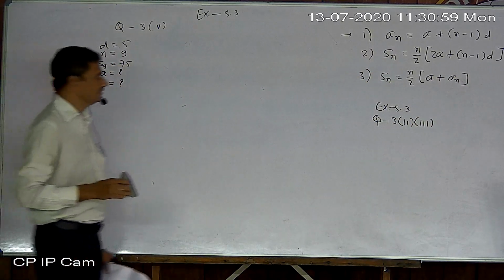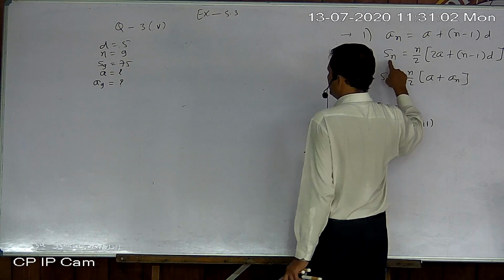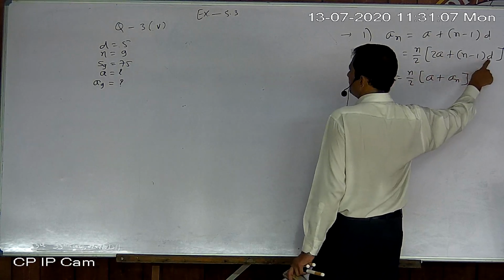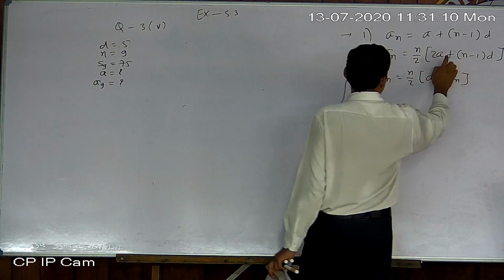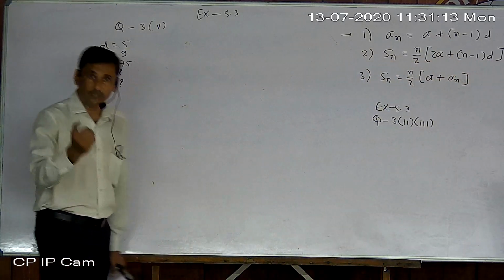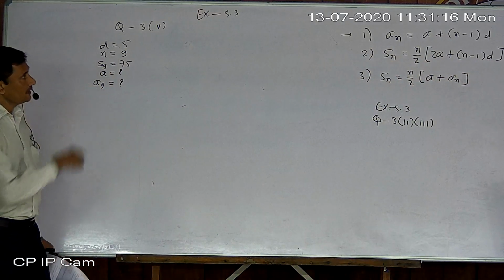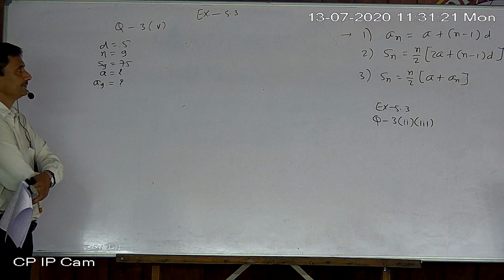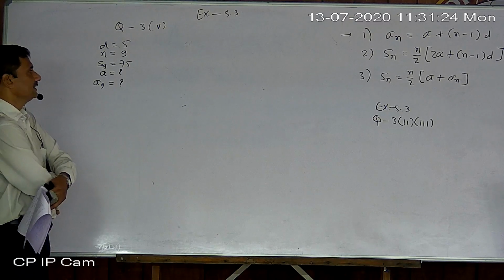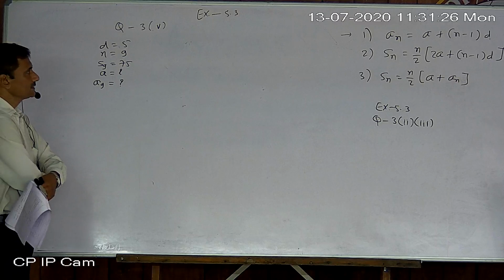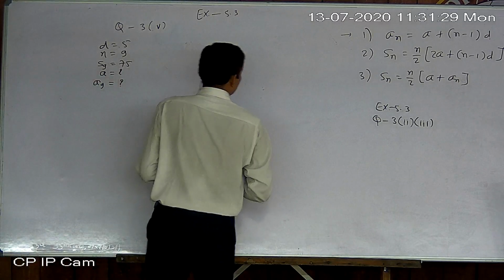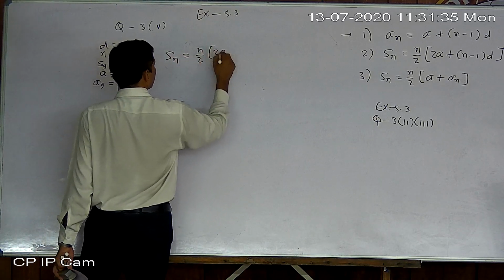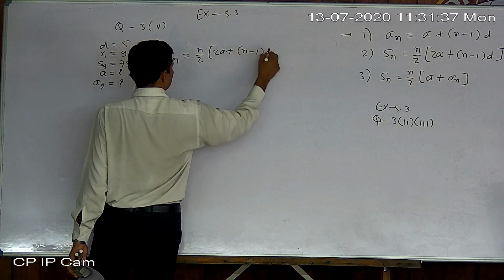Look at the second one. In the second one, S9 is given, n is given, a is not given, d is given. So you can use the second one first of all, because except a, everything is given. So I use the second equation: Sn equals n by 2, 2a plus n minus 1 d.